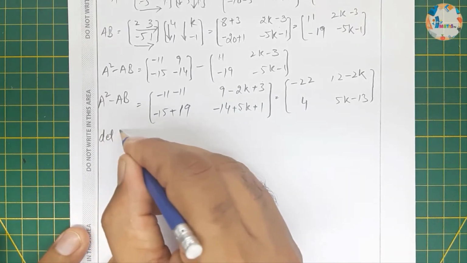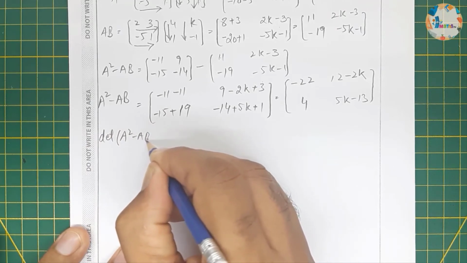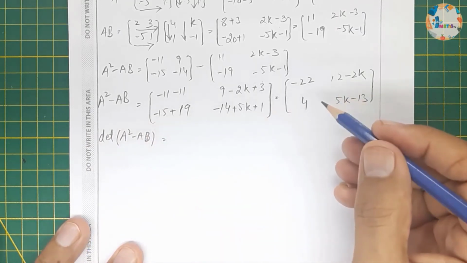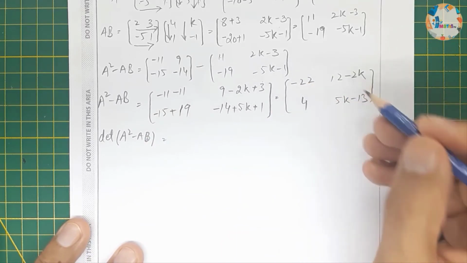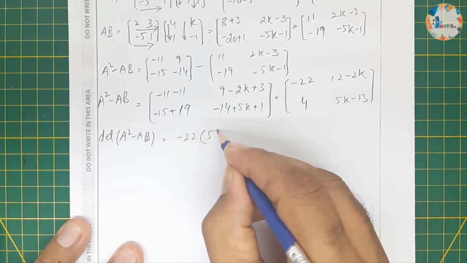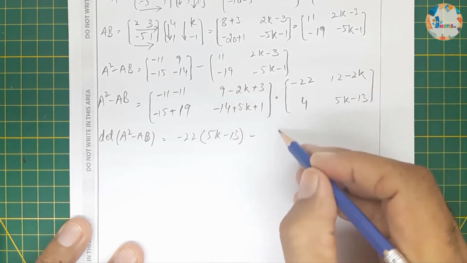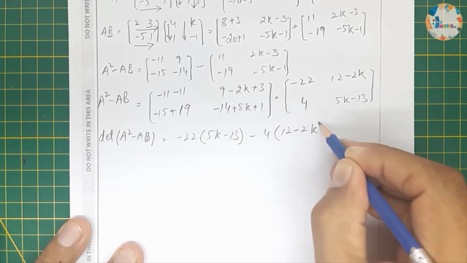So determinant of A square minus AB will be equal to, we are multiplying these two and subtracting this one. So minus 22 into 5k minus 13 and minus this one which is 4 into 12 minus 2k.